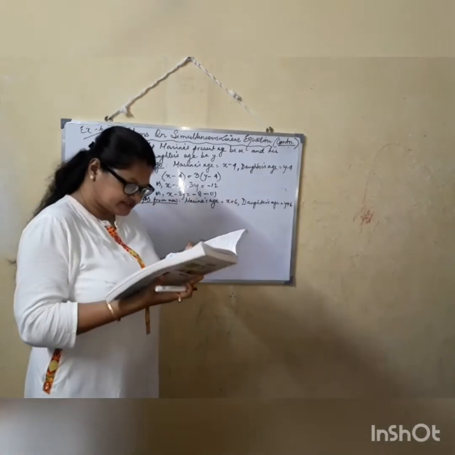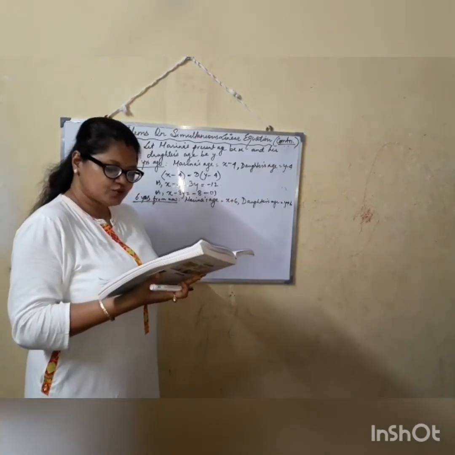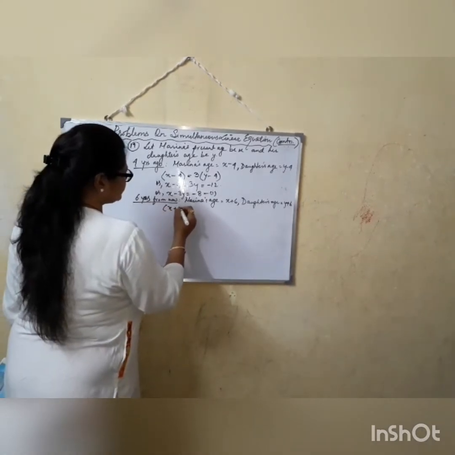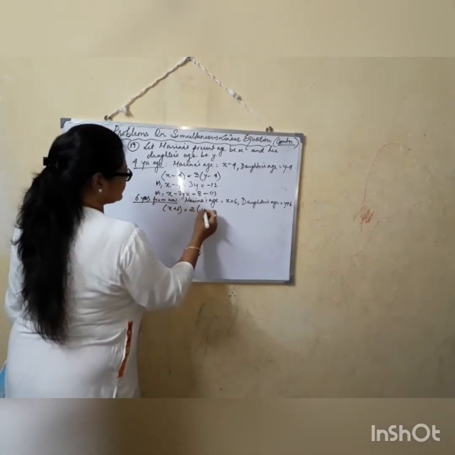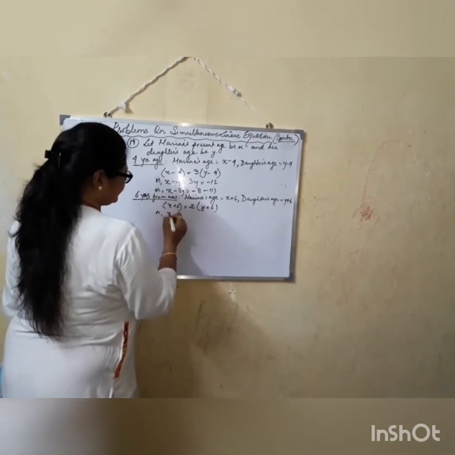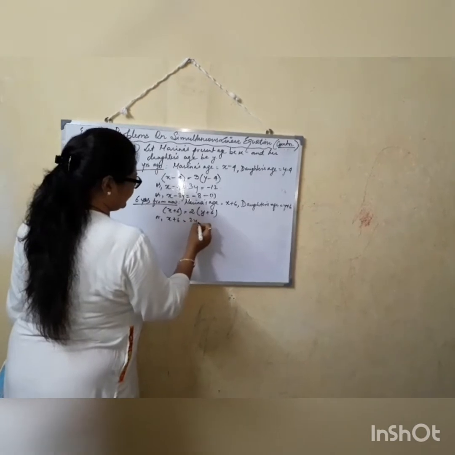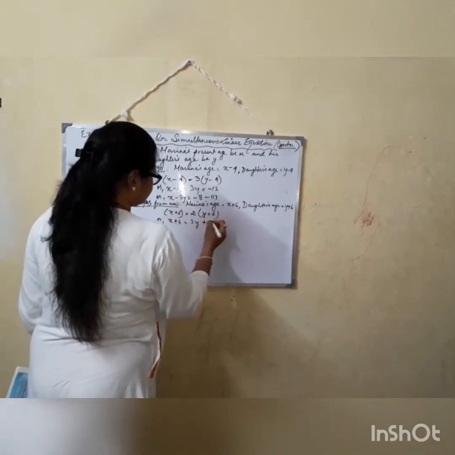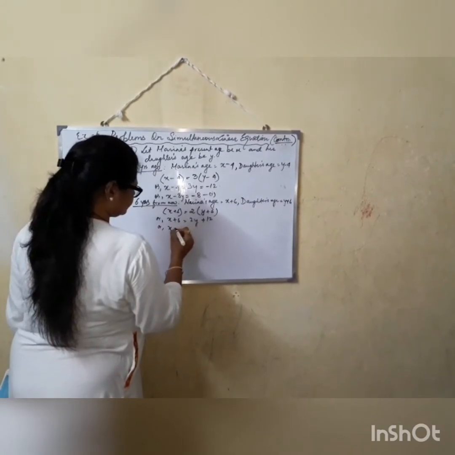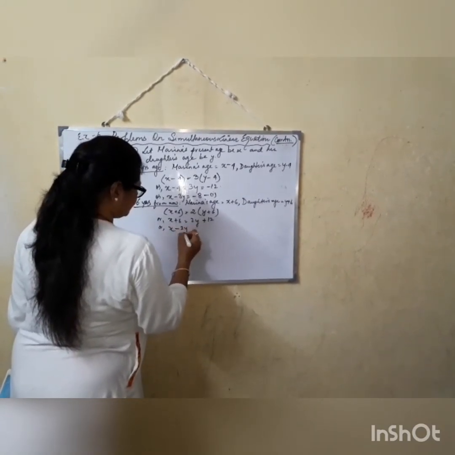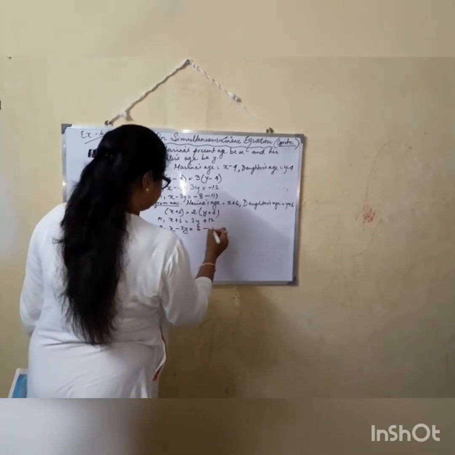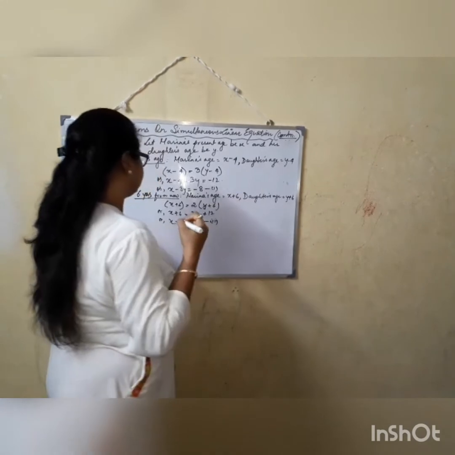So 6 years from now, mother will be twice as old as her daughter. So we get x plus 6 equal to 2y plus 12, or x minus 2y is equal to 6. This is our second equation.